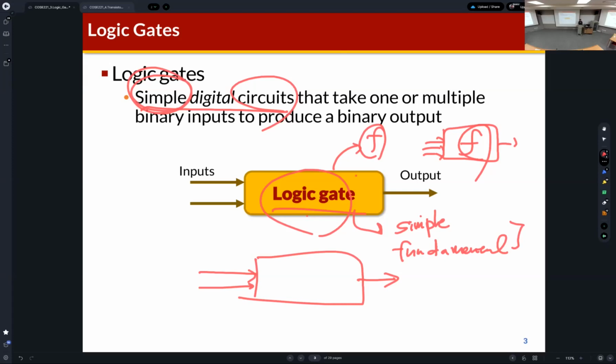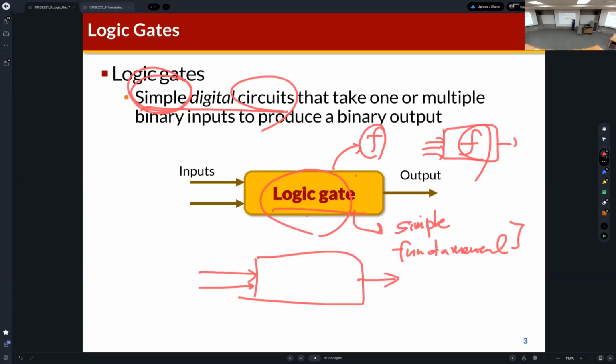For logic gates, you need to memorize the function of a basic logic gate, and that's just a function. So you need to memorize the main functions.